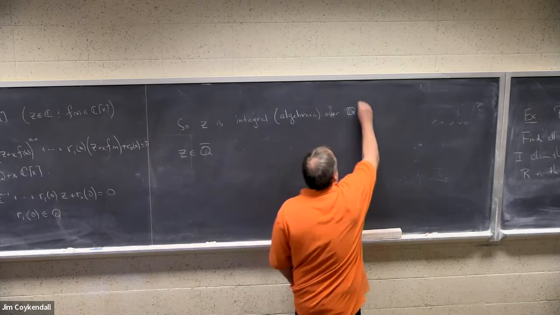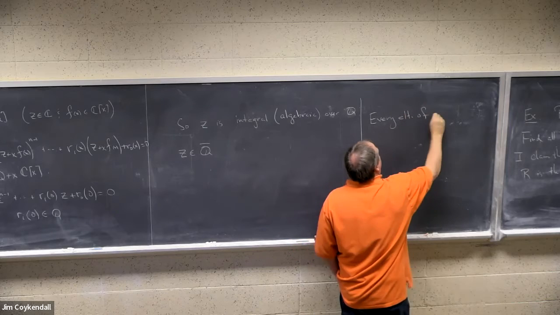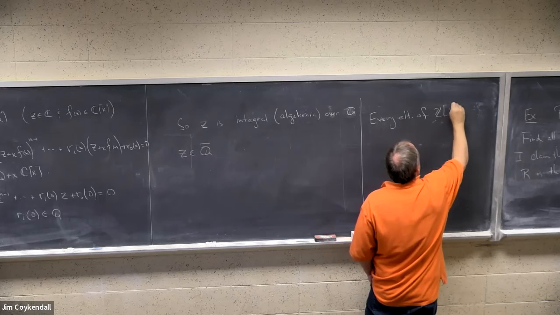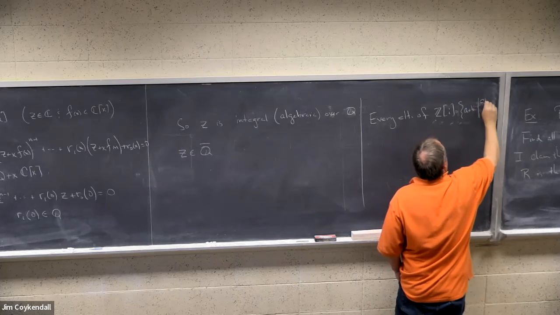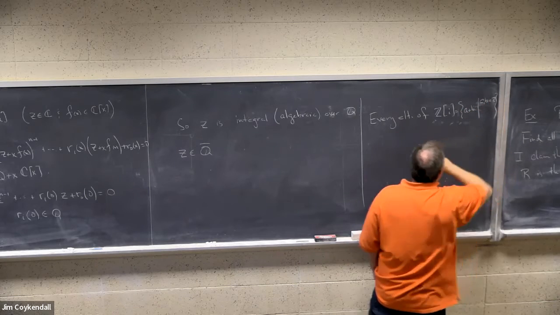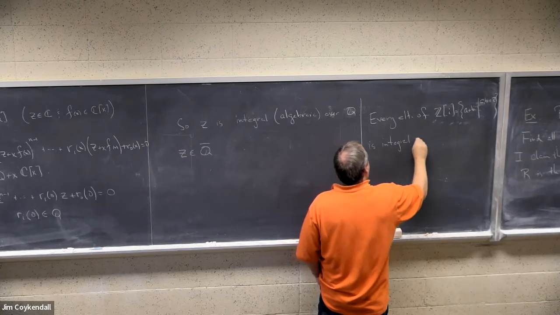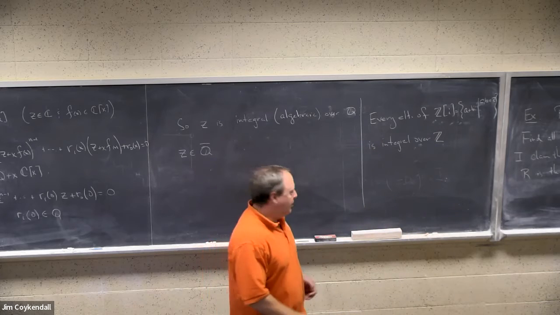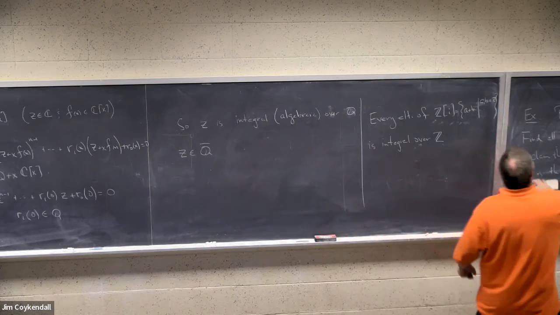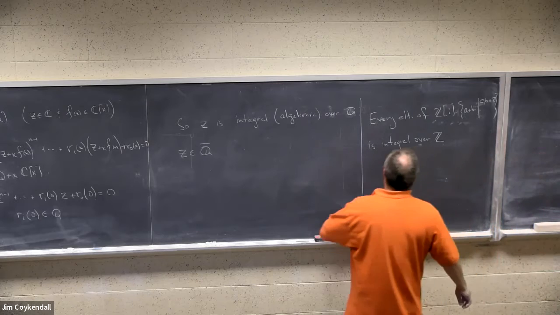One more example. Every element of the Gaussian integers, this is an old friend to some of us, a plus bi, with a, b in Z, is integral over Z. And I think when I demonstrate to you why this is true, you're going to see how to generalize this.